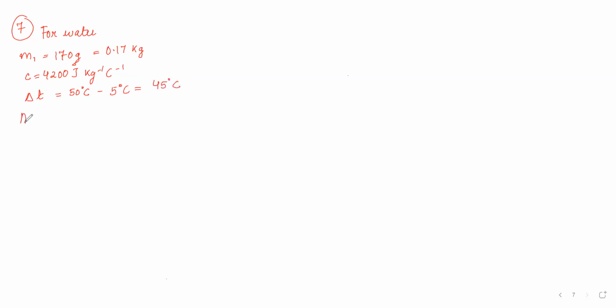So what is the amount of energy released? This will be equal to M1 C delta T. So this is 0.17 into 4200 into 45. So this needs to be calculated.